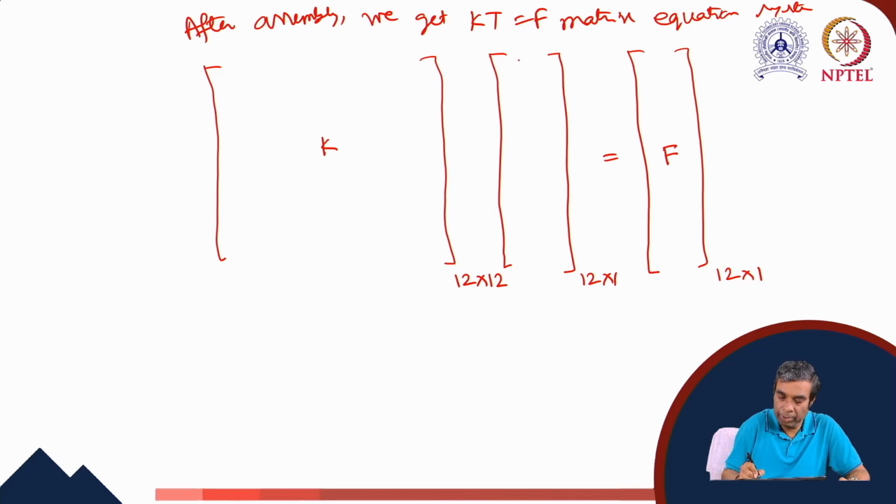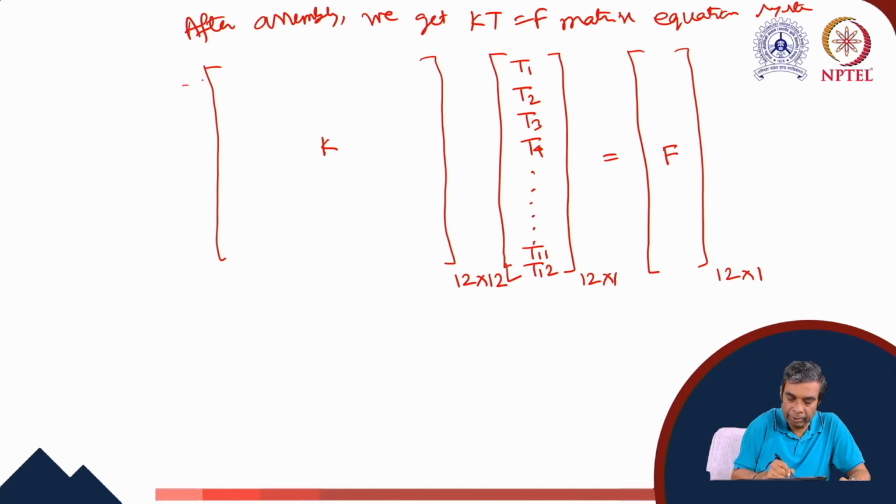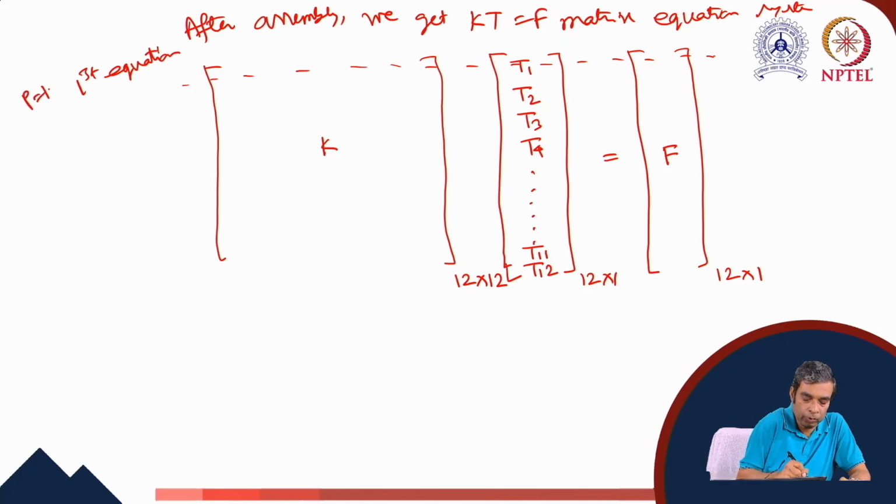So here we have 12 unknowns. Those unknowns are not associated with the superscript E. They will be T1, T2, T3, T4 up to T11, then T12. So this is the first equation, P equals 1.